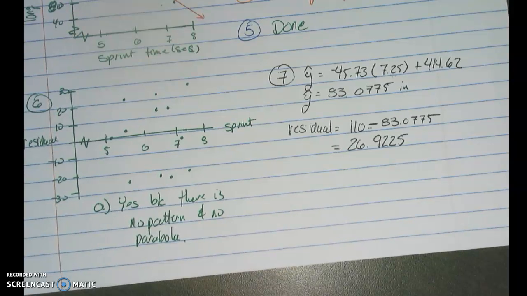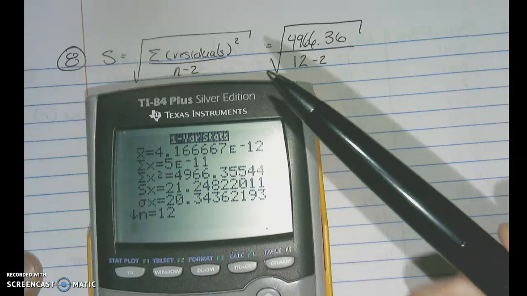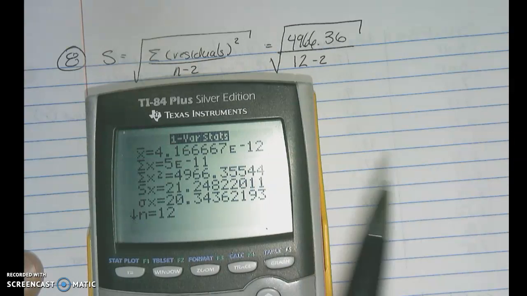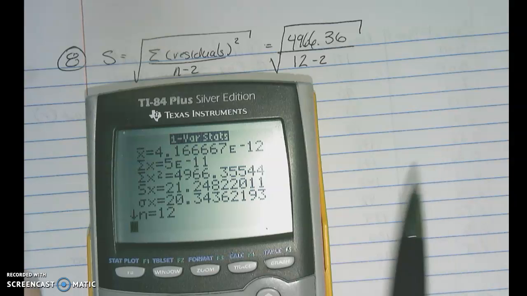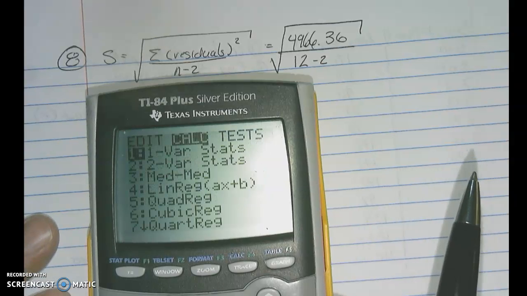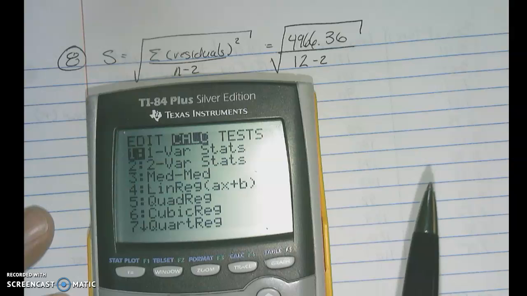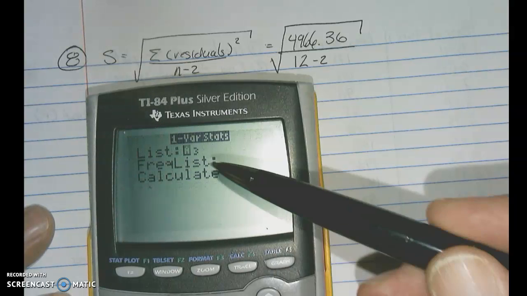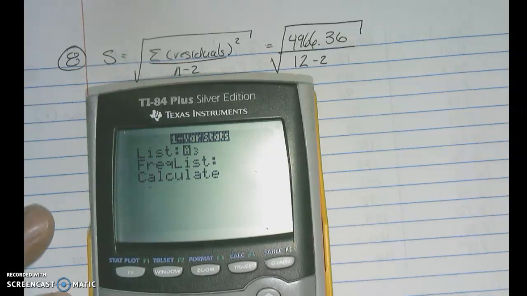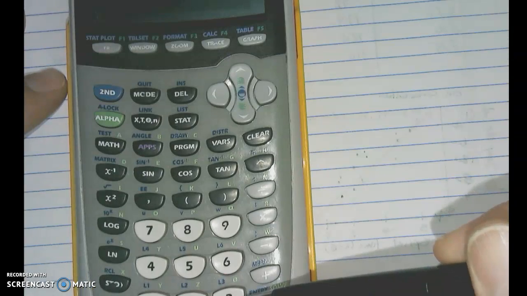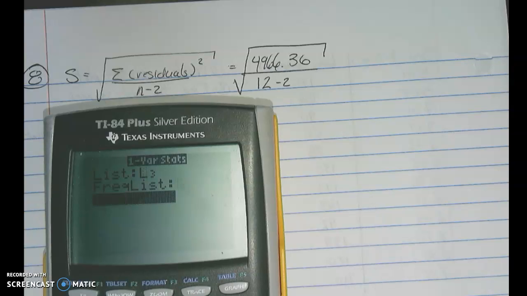Okay. All right. So what we're looking at is the standard deviation. We want to know where to find our residual squared. So if you go to calculate one variable statistics, instead of list 1, we're going to put list 3 down here. And then we're going to calculate.